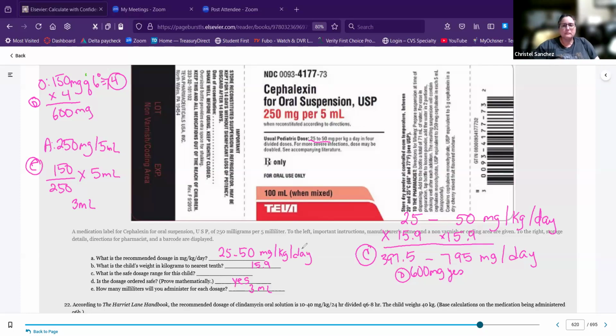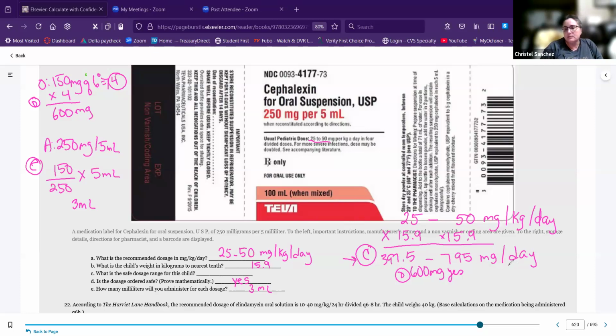All right, this would be a typical question, how it would be set up on the exam. The only difference is that they would not have the label. It would just give you the information you need to work it out. Did anybody get lost anywhere? I saw somebody said they got lost on what to do when they got to C. The question was how to know, once you find the safe dose range on C, what measurements to use from there.